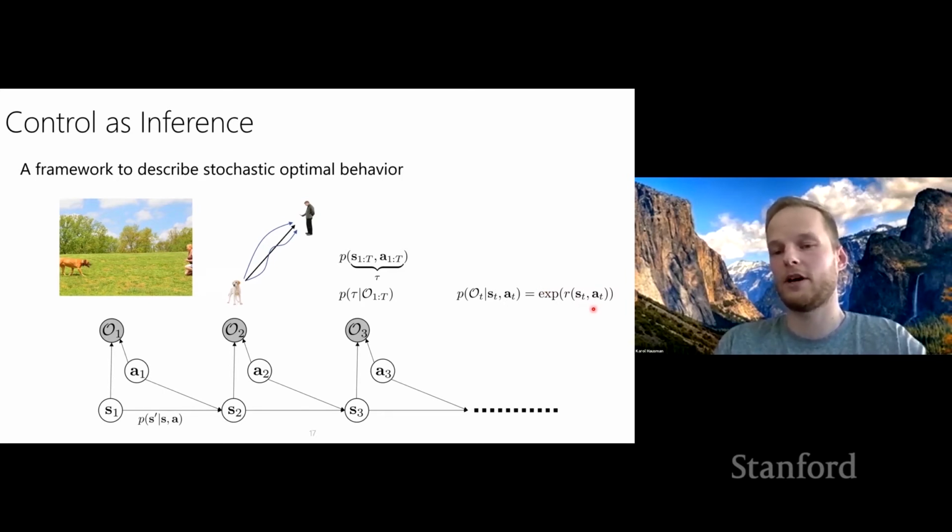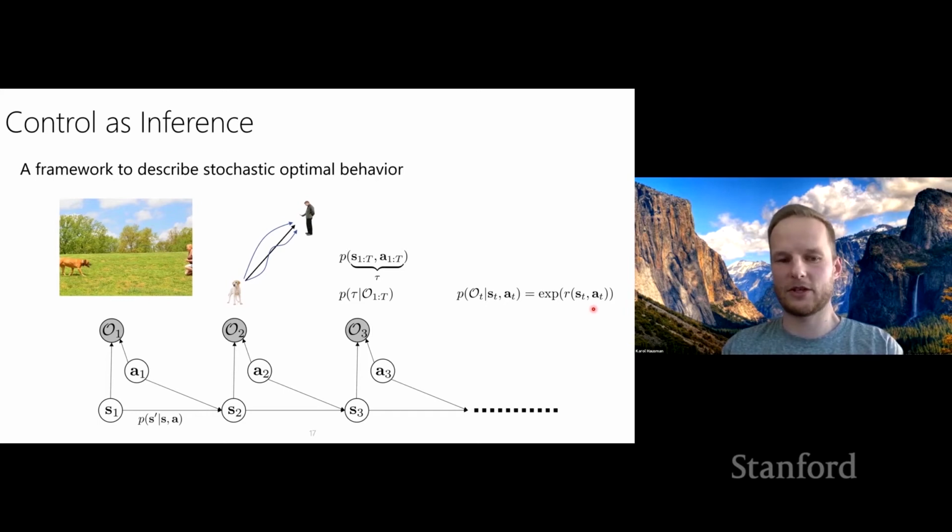So the higher the reward, the more we exponentiate, and our optimality will be proportional to that. The dog is trying to be more optimal as it gets more reward, and that scales exponentially. This might seem a little funny right now, why there's an exponent here, but it is a particular design choice so that we arrive at the algorithm that we want at the end.